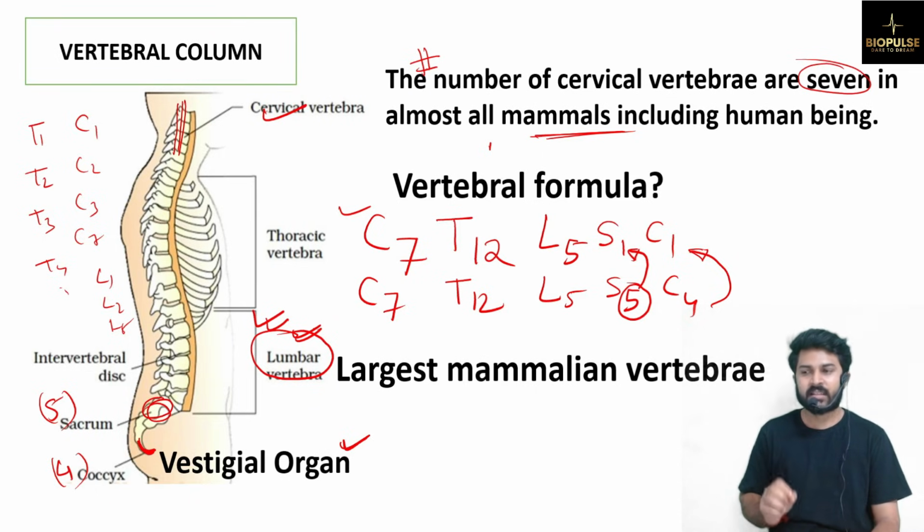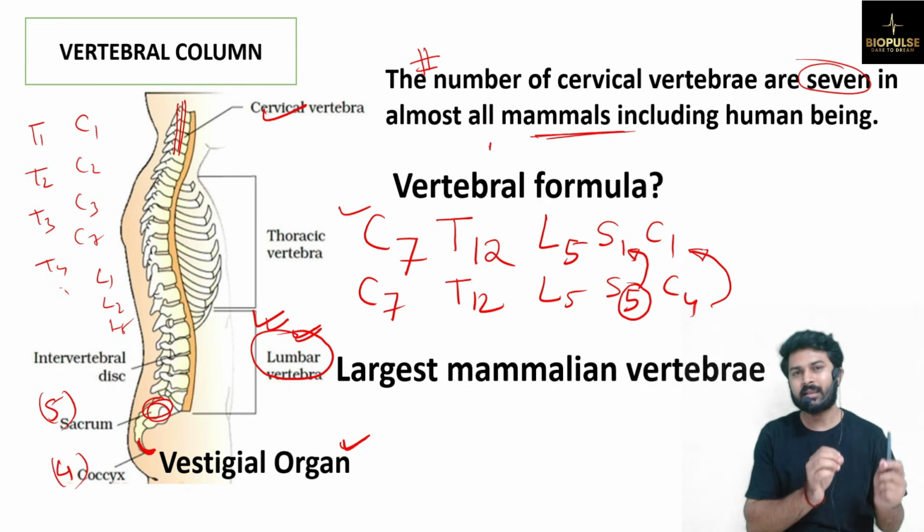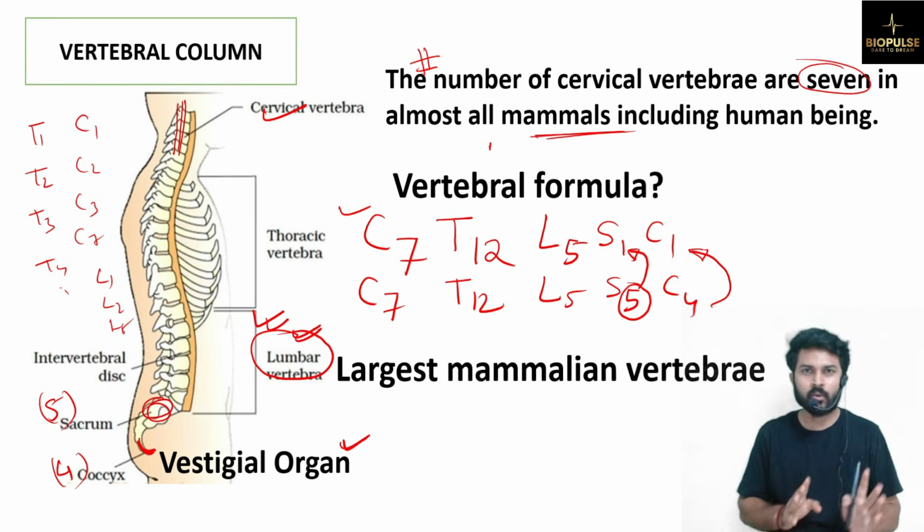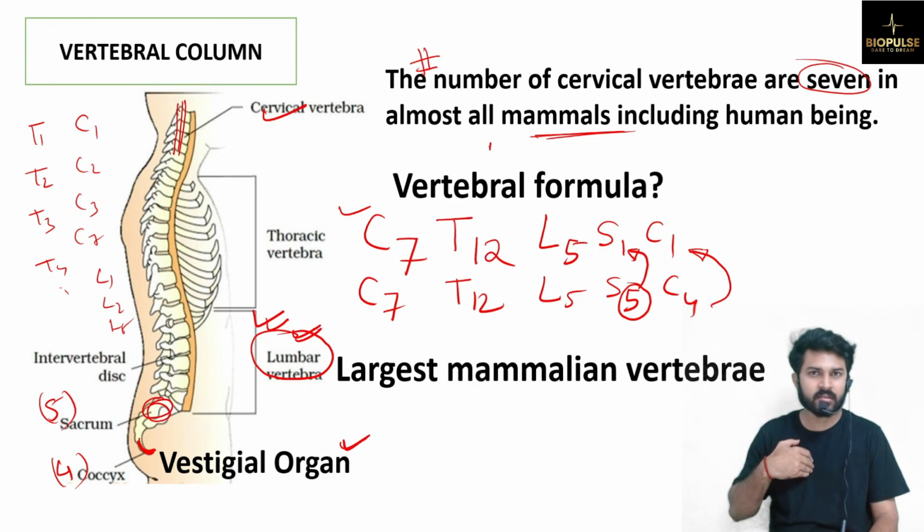Now, what is a vestigial organ? Over a million years ago, some organs which are still present in us were functional in our ancestors, but over a period of time they have lost their functionality. Now, what will happen if we remove that particular organ? No significant impact.